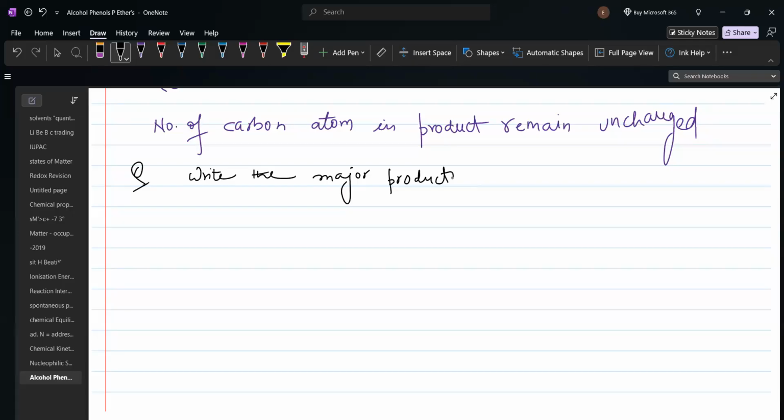And let me tell you, if it is taking more than 10 minutes, leave it. Submit that much only. Organic chemistry and inorganic chemistry homework will not take much time. If you have revised the concepts, that is well enough, and you can solve it within 10 minutes. It will take only 1 to 2 minutes.